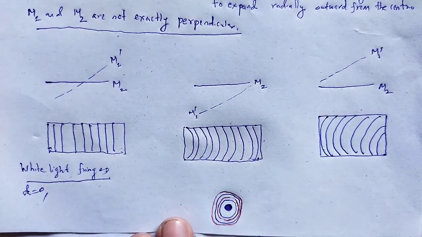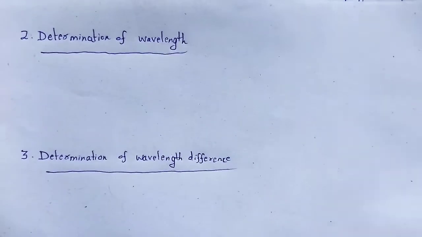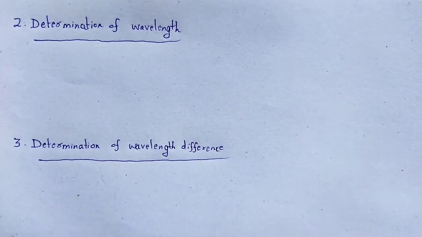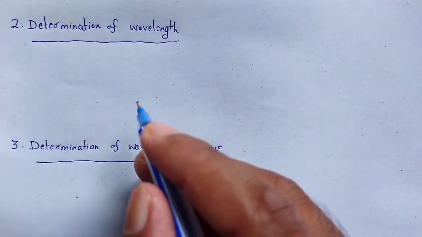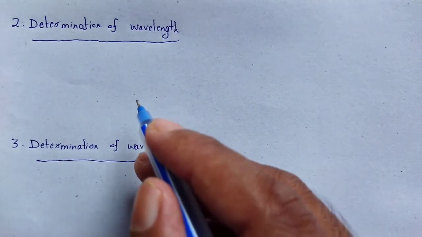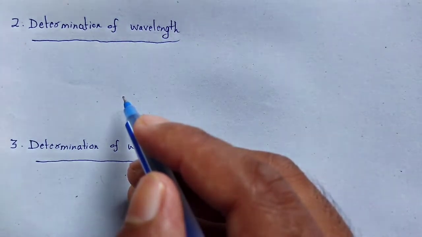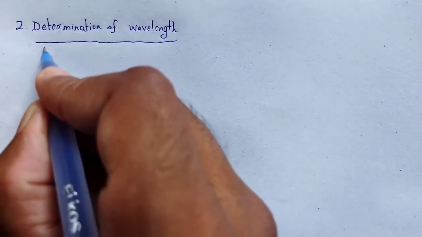Now, with the help of that Michelson interferometer, we can easily calculate the wavelength. How do we determine the wavelength? Let us take theta as 0.